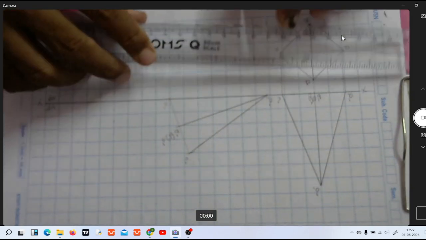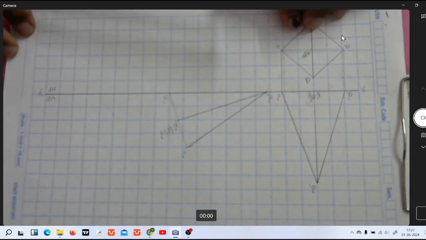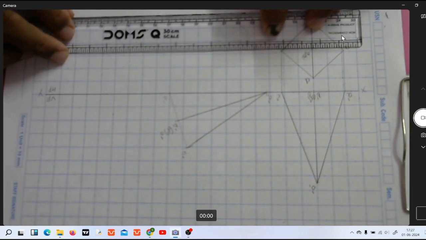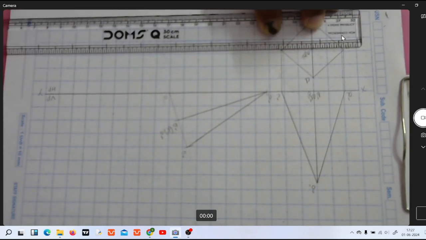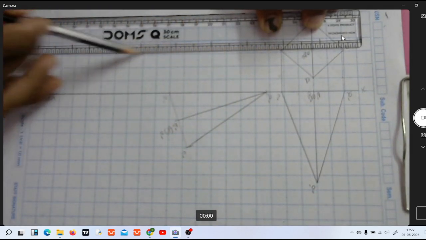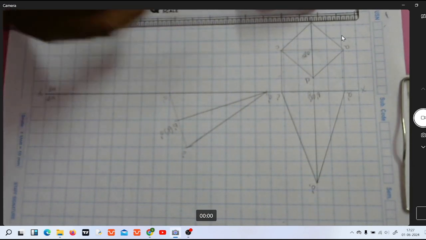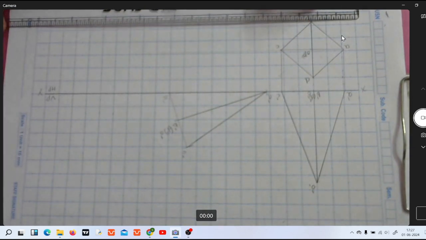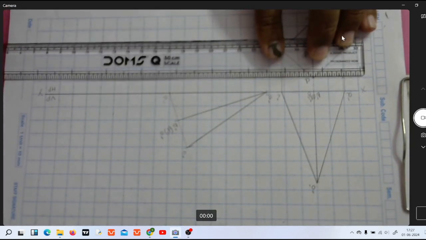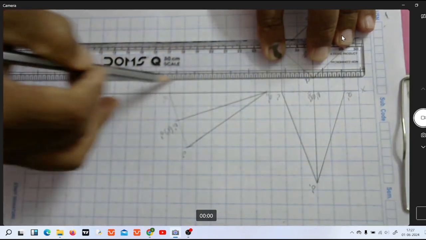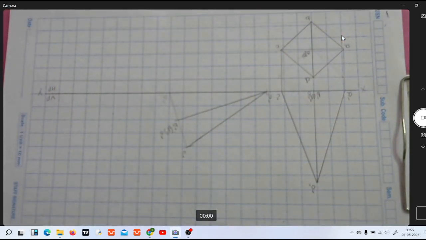So now to obtain the top view, you just construct the construction lines, horizontal construction lines as well as vertical construction lines. So now I am producing horizontal construction lines towards the right side to obtain the top view based on the change of position in the front view.